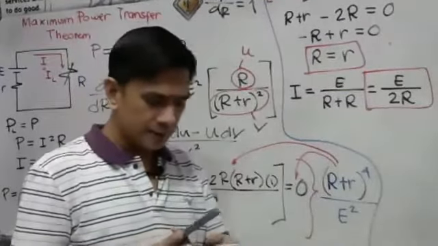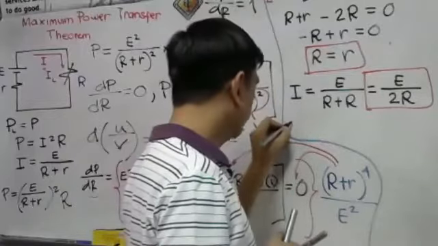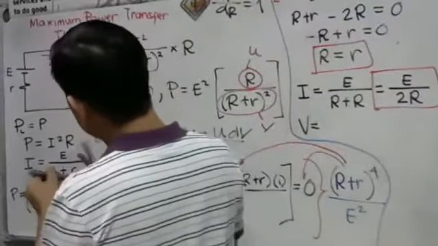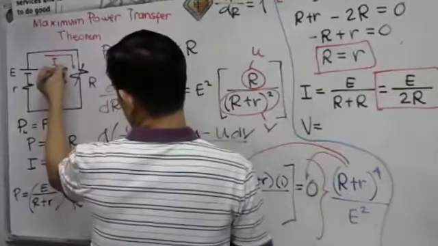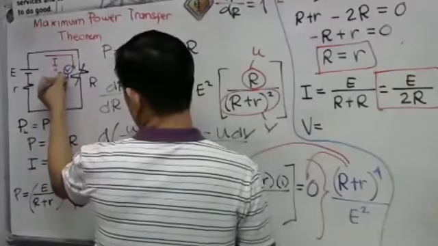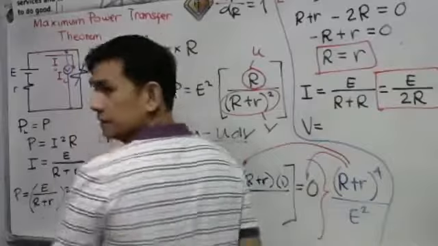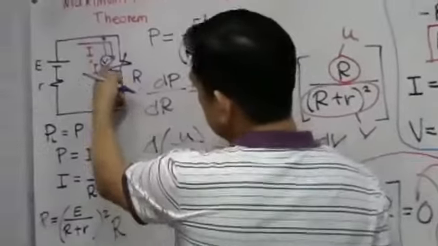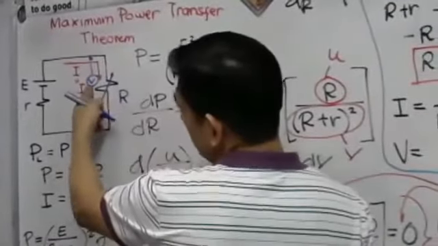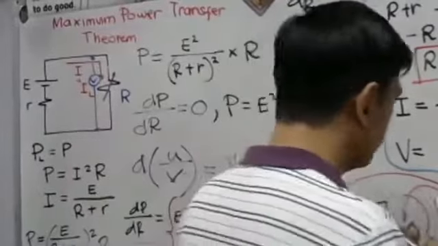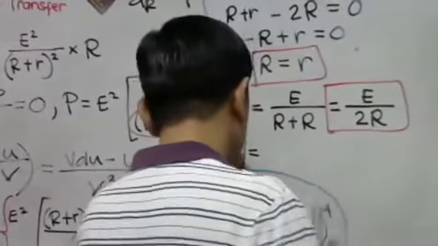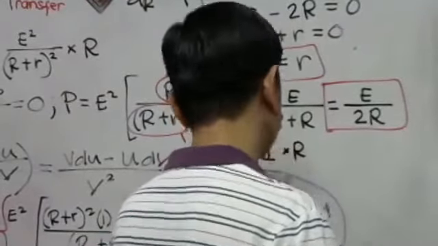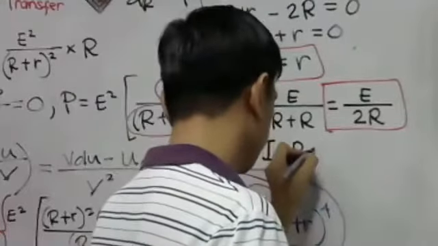Okay? Then let us find our load voltage V. Our load voltage V is what you read when you put a voltmeter here. Let's say we have a voltmeter connected to our load. Here, what will be the voltmeter reading? It's simply Ohm's law. So we have here our I multiplied by the resistance R. Then let us substitute here.